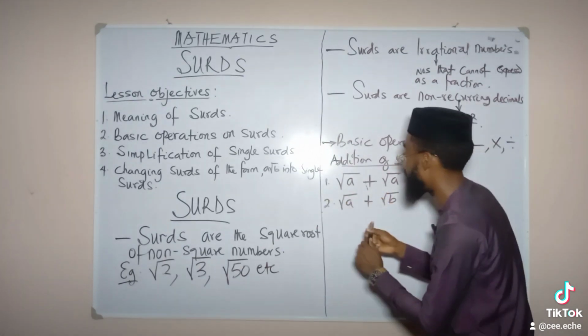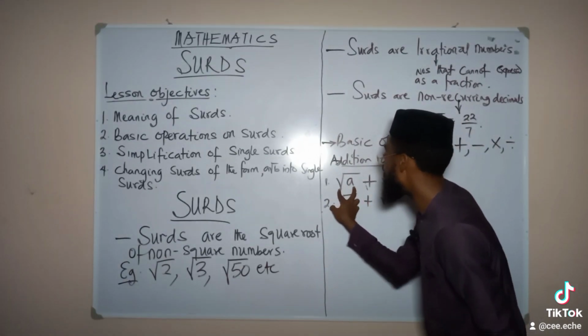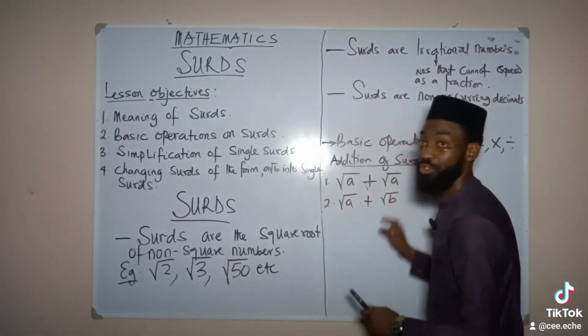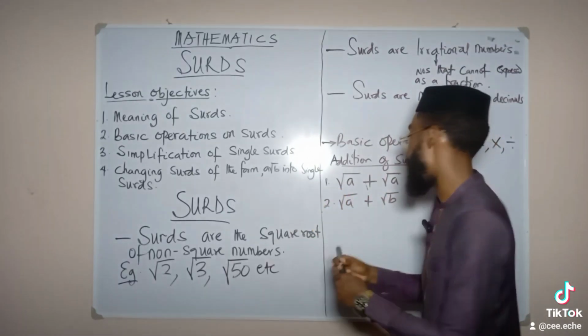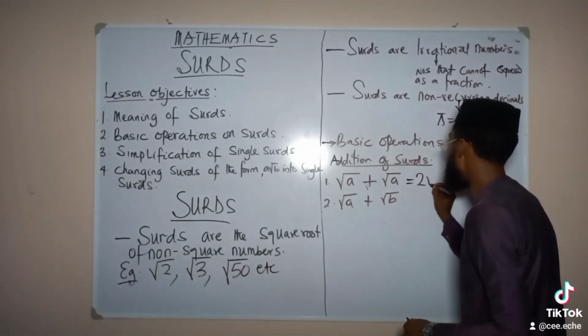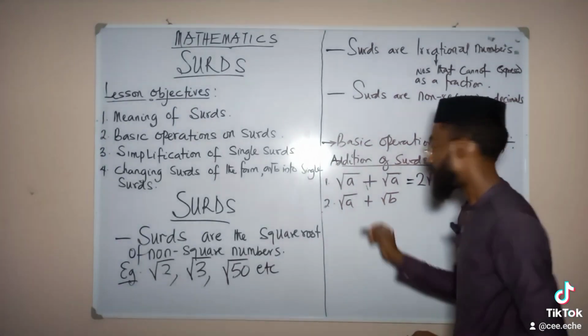It's more or less like you are adding 1 root A plus 1 root A. Like you are adding two things together. What this will give you is 2 root A.